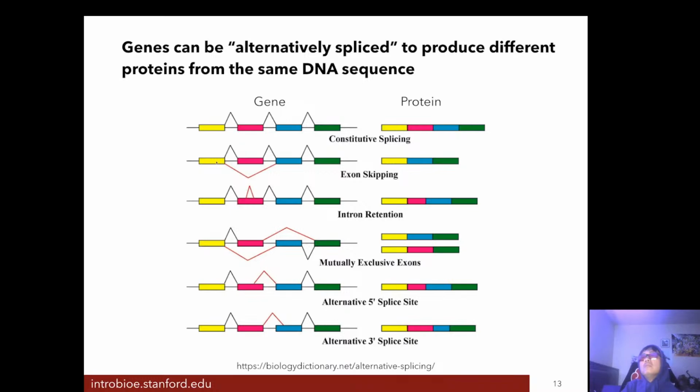But if you get exon skipping, where you splice out this entire pink region, then the protein that you make doesn't have the amino acids that correlate to that pink region. You can get intron retention. So that's here where you get pieces of the intron being encoded in your protein. There's also a little bit of that here. And so what I'm trying to show you is that a single gene can actually encode for several different proteins.